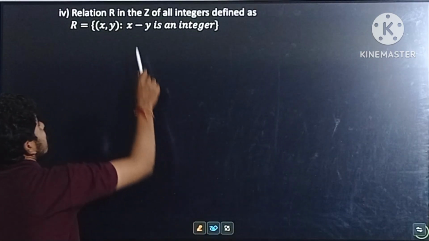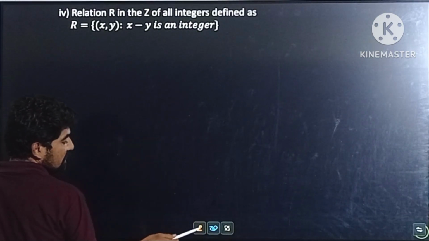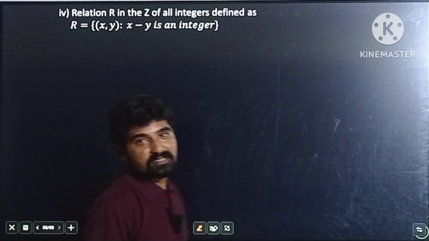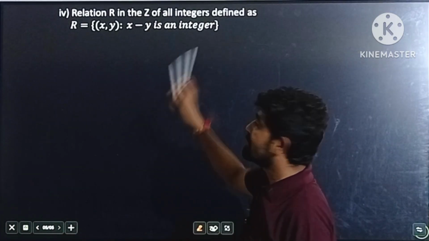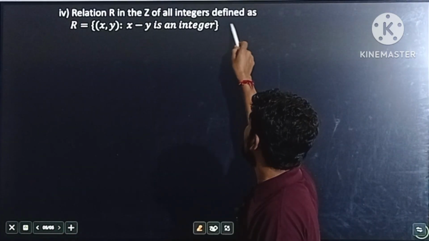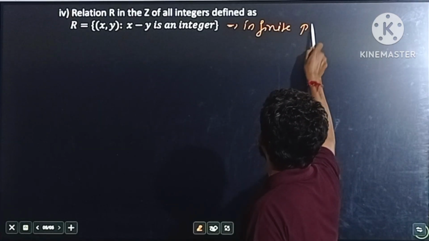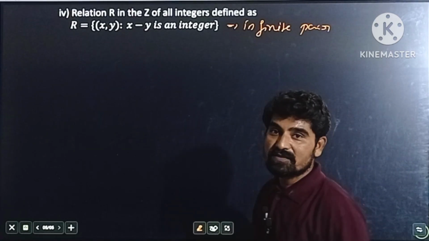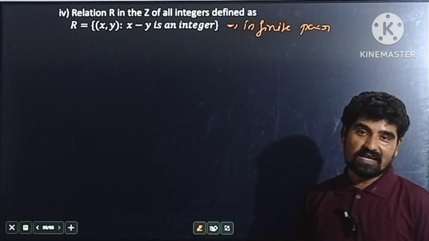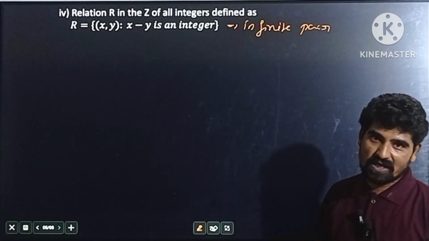See here, this set Z consists of an infinite number of elements and there is no condition on x and y. It means this relation R consists of infinite pairs. So here it is not possible to write all the elements of the relation R, so we cannot write it in roster form.